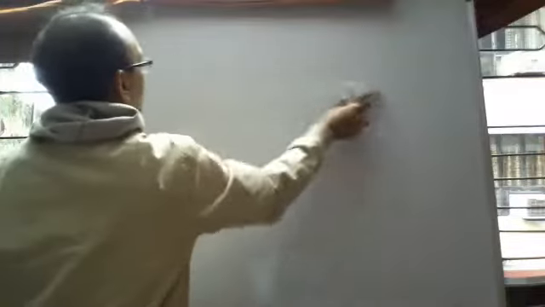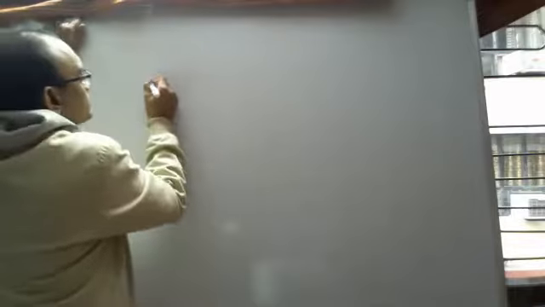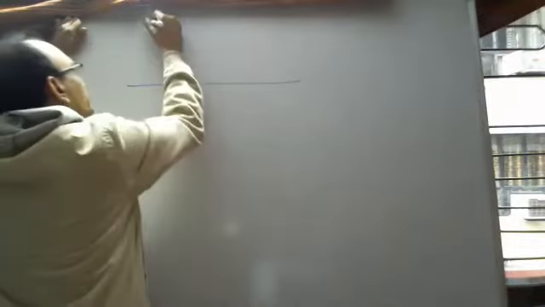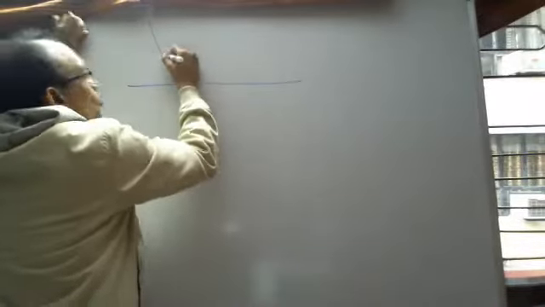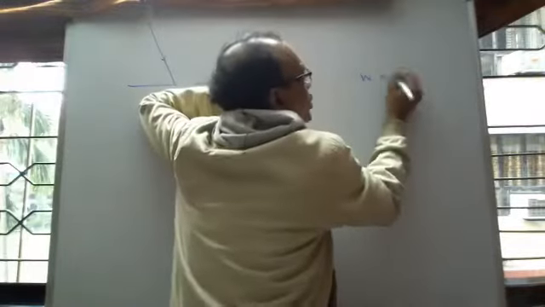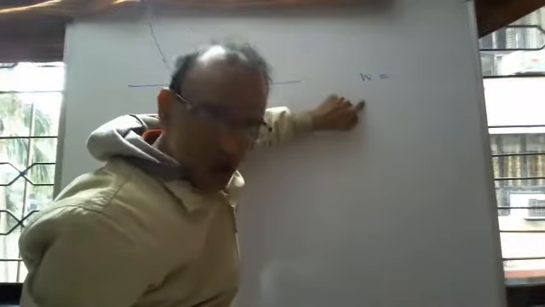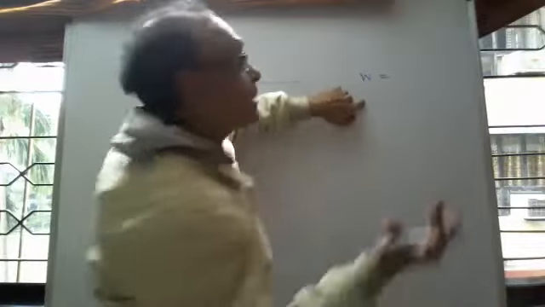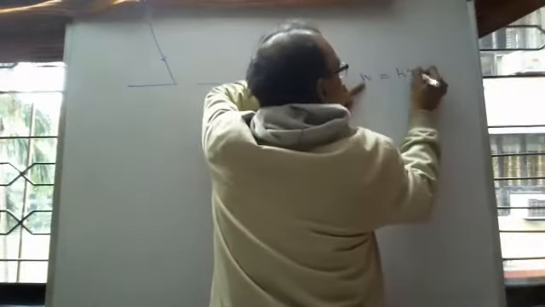Now, see, one thing for sure: if nu naught is the threshold frequency, the frequency should be higher than nu naught, then the work function would be h times nu naught.